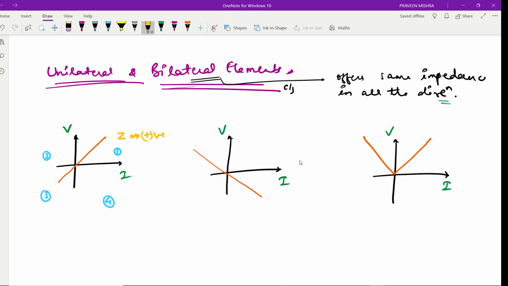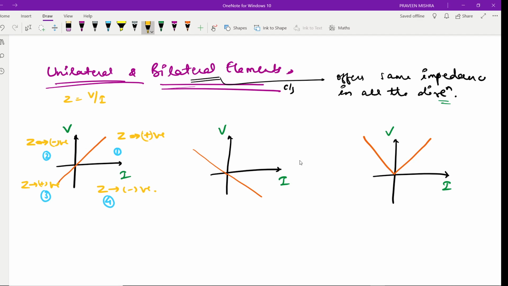Here current I is negative and voltage V is positive. Impedance is V upon I, so here V is positive but I is negative, so it will be negative. And here V is negative, I is negative, means Z will be positive. And here V is negative and I is positive, so in this case it will be negative.